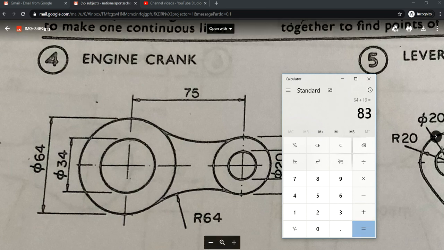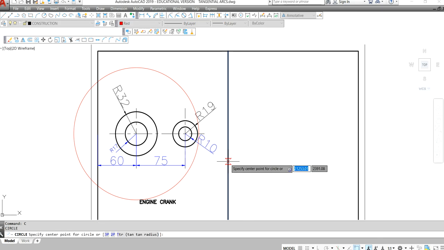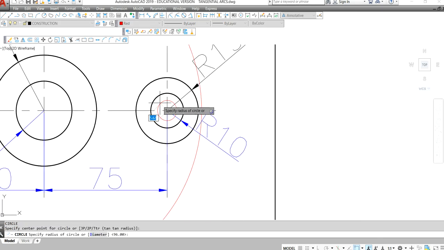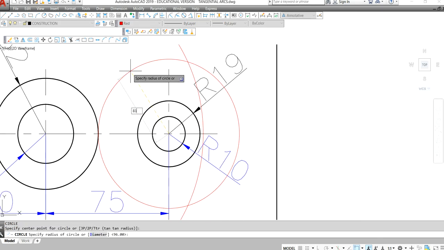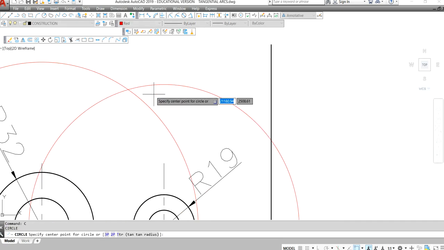Always add the radii together. Do not add the diameter. So from here I'm going to open 83 radius, and there we have an intersection.